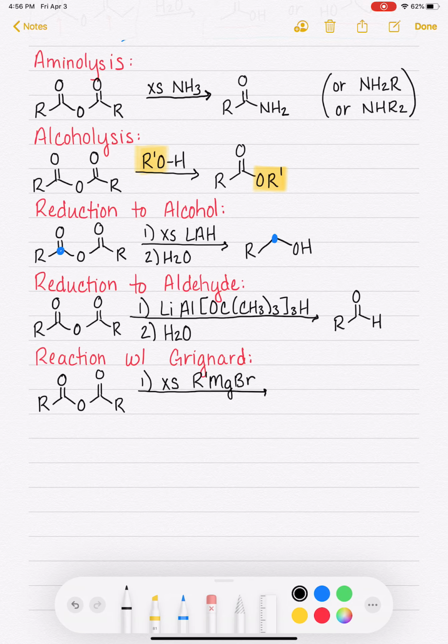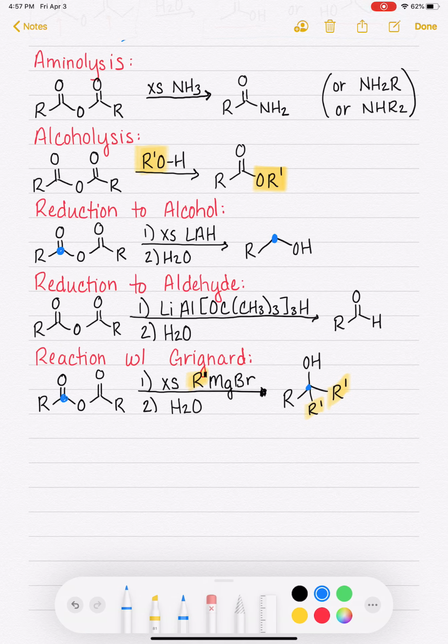I made that R prime. Followed by either water or a dilute acid, and this is going to, just like with the acid chloride, react 2 times. We're going to put 2 of the R prime groups on the carbonyl carbon.